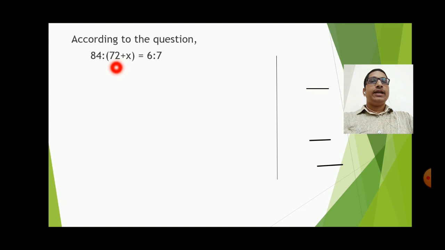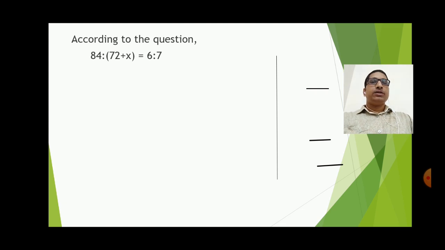So if we mix x gram of silver, then its ratio will be 6:7. So we can write this. Here the left side and right side are equal. So that's why we can write this. Now we will solve this equation, and after that we will find the value of x.